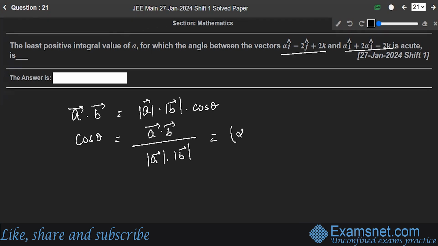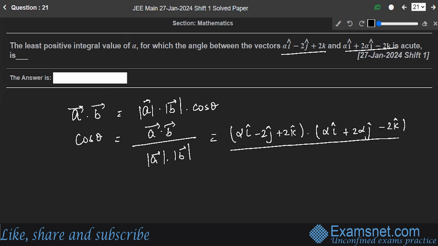So this will be given by alpha i plus 2j plus k dot product with alpha i plus 2 alpha j minus 2k. This is divided by the root of the modulus of the first factor, so this is alpha squared plus 4, multiplied by alpha squared plus 4 alpha squared plus 4.